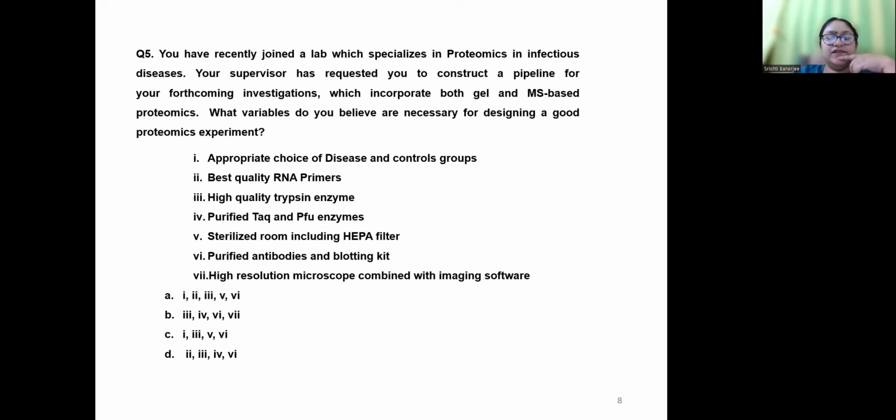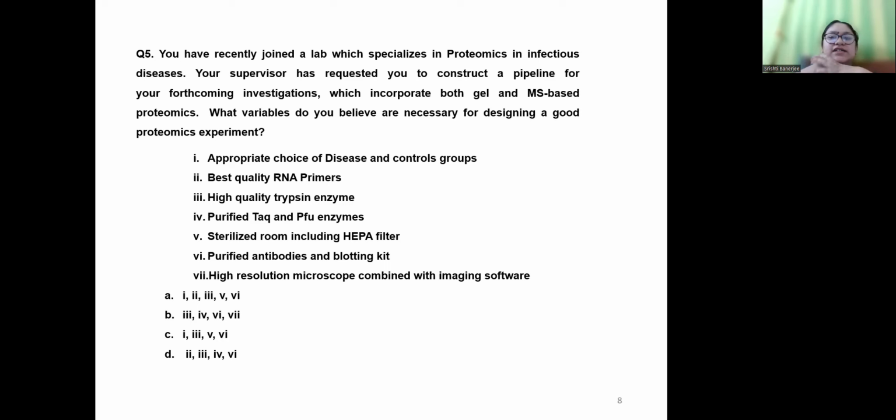Okay, so you have recently joined a lab that specializes in proteomics and infectious diseases. Your supervisor has requested you to construct a pipeline for your forthcoming investigations and incorporate both gel and mass spec based proteomics. What variables do you believe are necessary for designing a good proteomics experiment?